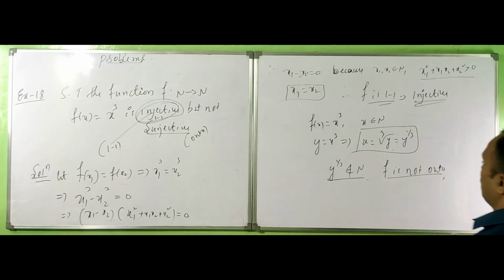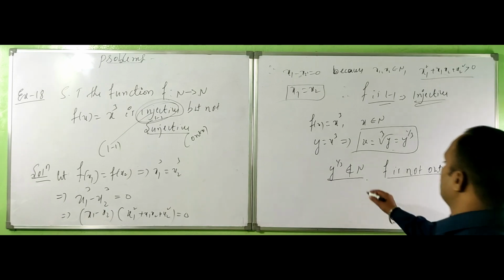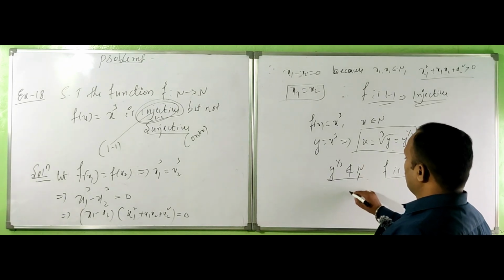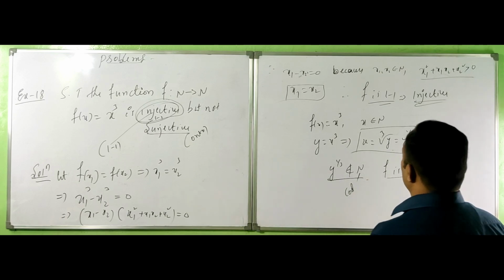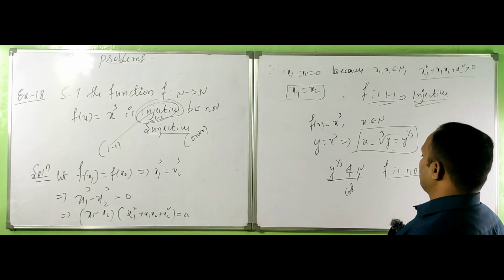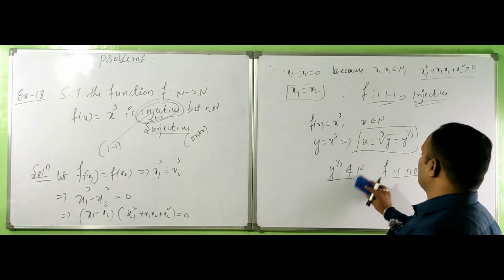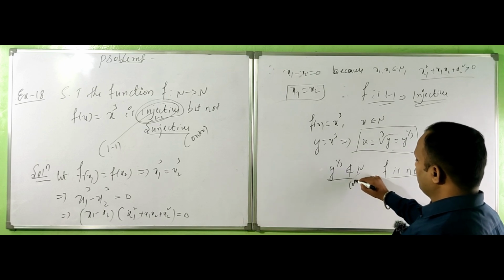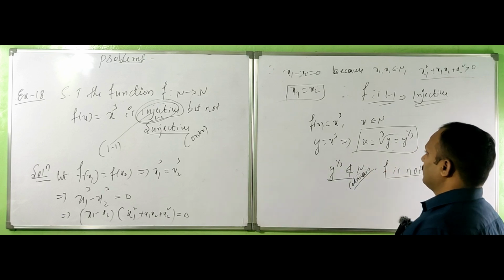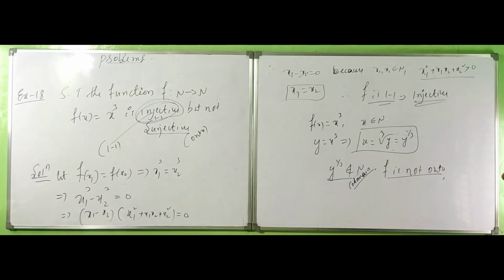F is not onto. Onto means you have to show that this is one of the codomain. Not belonging to the codomain means not onto. You can tell it codomain or range.